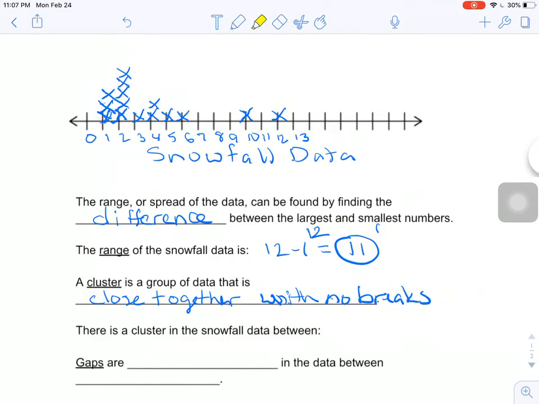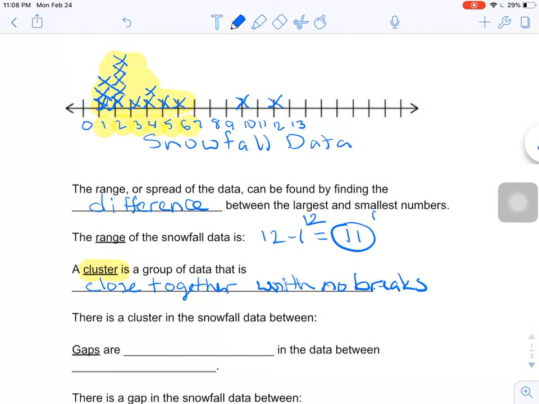So there is a cluster in this data, and that cluster is all of this data in here. So if you look, I have data in the 1s, the 2s, the 3s, the 4s, the 5s, and the 6s. So all of those numbers have data with no breaks. So no numbers in there where I don't have at least one piece of data. So that's what we would call a cluster.